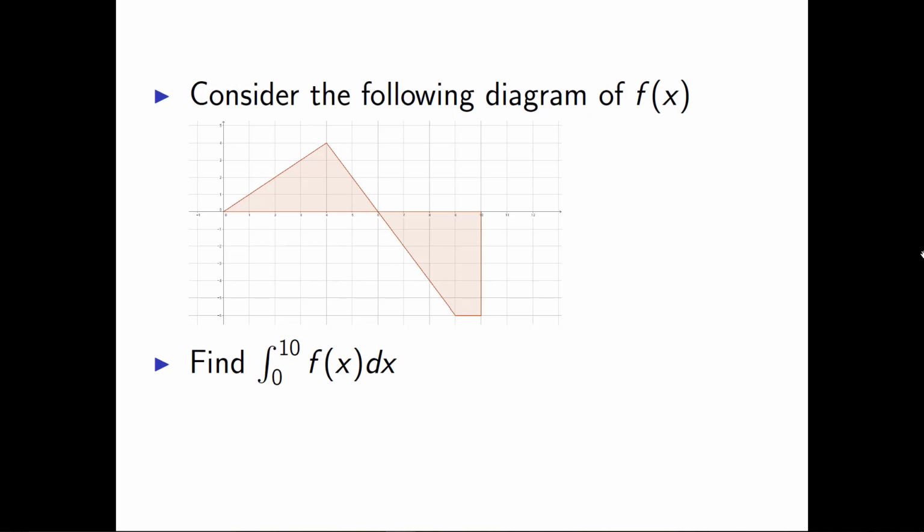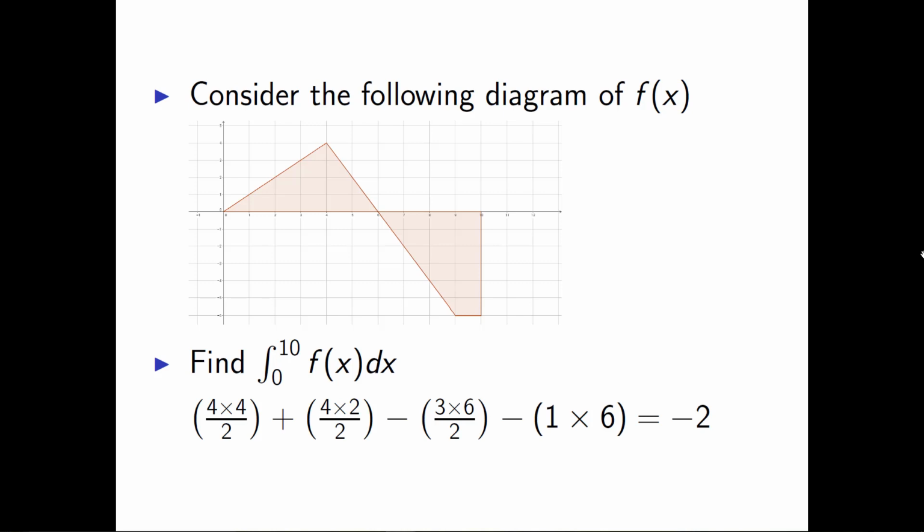Okay, and finally, suppose we want to integrate the whole thing. Suppose we want to integrate from 0 to 10. Again, we can break it into, I guess I broke it into 4 pieces. The first piece we've already seen, 4 times 4 divided by 2, that triangle. The second piece we've already seen again, 4 times 2 over 2 is that triangle. But then we subtract the last 2 pieces, because they're below the axis.